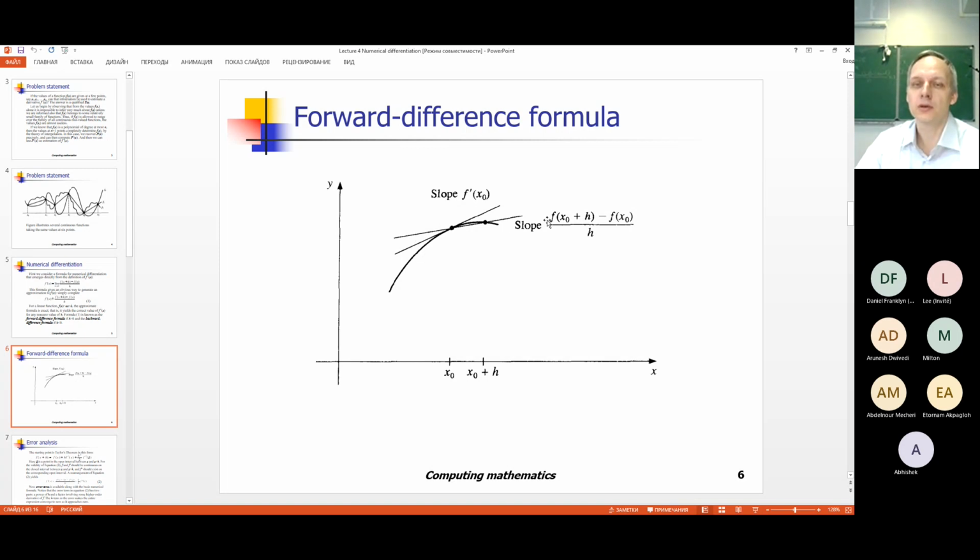So the slope of the approximated line will be closer and closer to the real derivative. Is the situation clear?